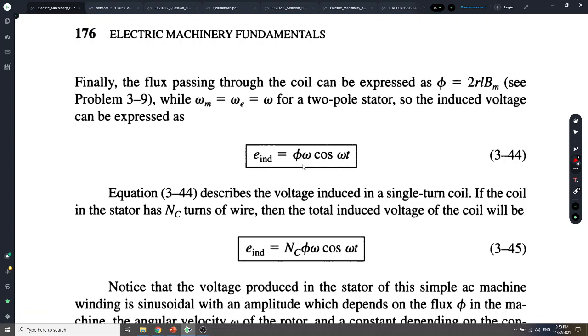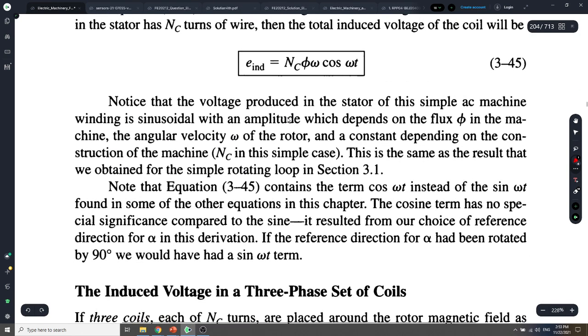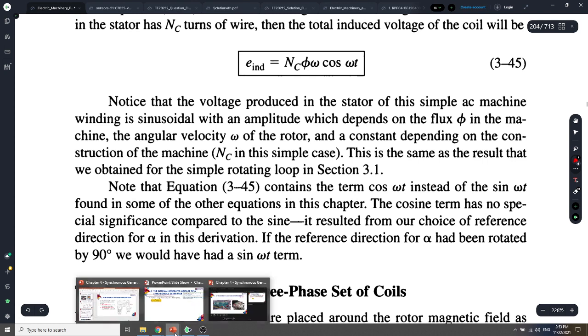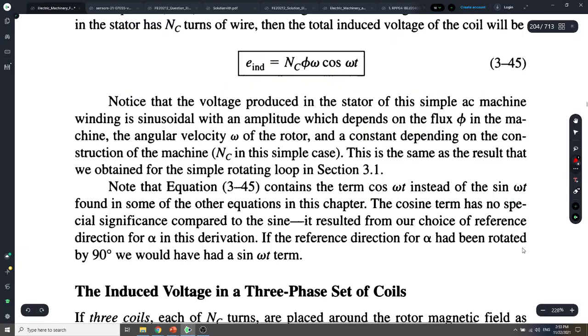So kita ada few coils, dia tambah lah, dia darab je lah. So dia darabkan dengan NC tadi tu. So tapi macam mana boleh dapat yang ni kan, boleh dapat equation macam ni. So ini actually dia datang daripada sama juga, cuma dia pecahkan omega ni.